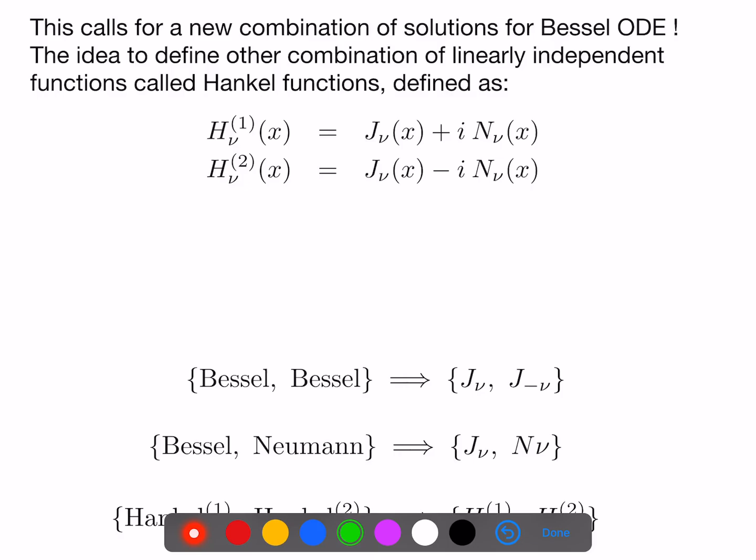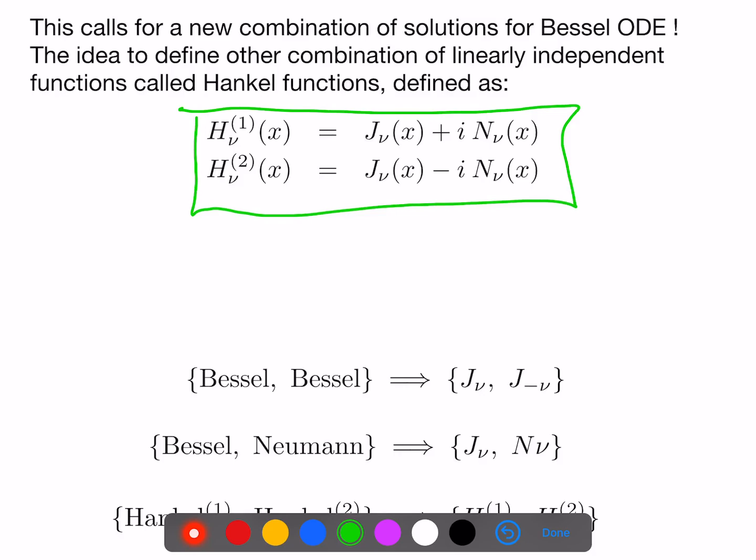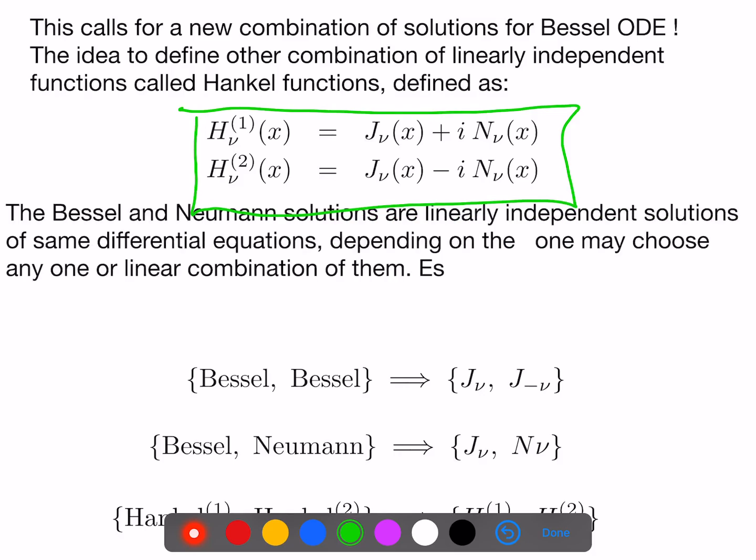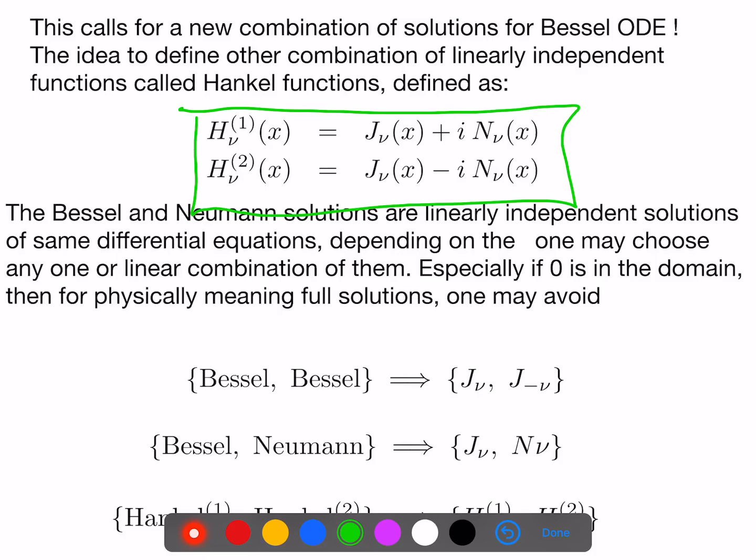Similarly, using Bessel and Neumann function, we can define what is known as a Hankel function, which are defined with the following value. Now, see that the Hankel functions are linearly independent solutions to the equation, and one may choose one of these based on the various domains we use.